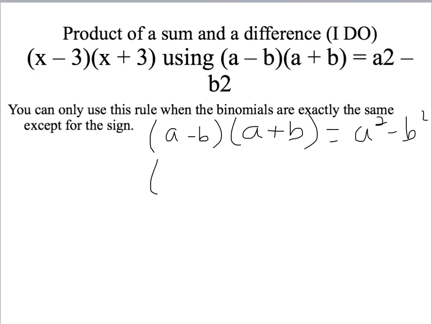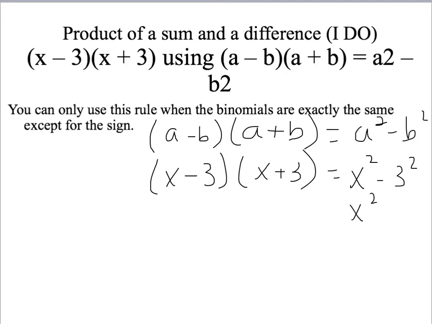In this case, we have (x - 3) times (x + 3). The only thing that's different is minus and plus. So I'm going to just square the first term and subtract the second term squared, which is x squared minus 9.